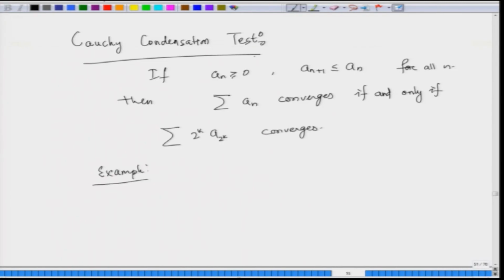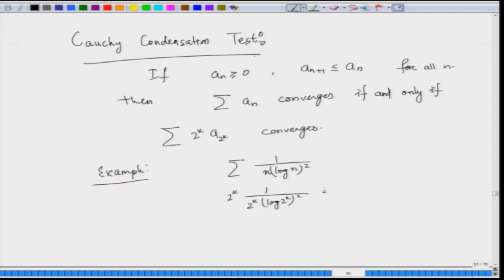So, let us look at the summation of 1 by n log n square. Whether this is going to be a convergent series or a divergent series, you can do the comparison. Now, what you want to do is consider 2 to the power k, divided by 2 to the power k, and log n is log 2 to the power k.